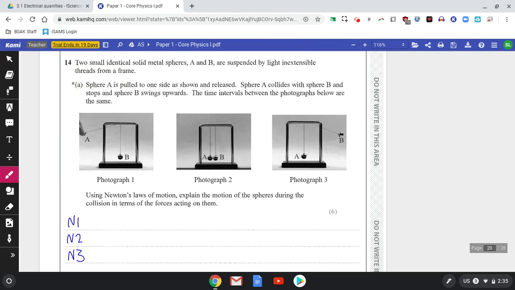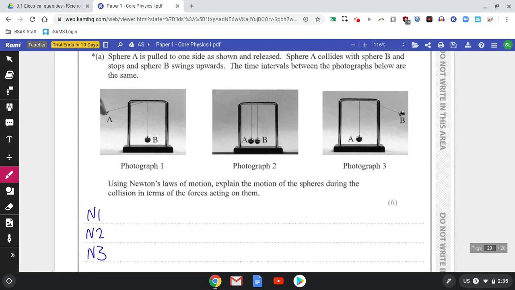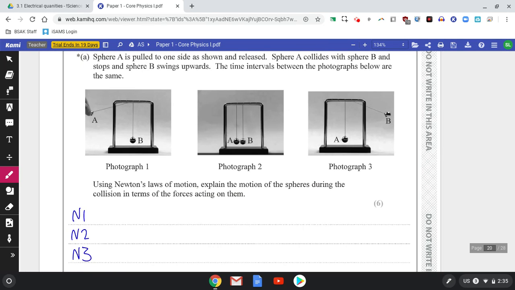Right, so let's have a look at the mark scheme, quite straightforward. Right, it talks about the collision between A and B. I certainly would have given you marks if you talked about, well, this A is going to accelerate, isn't it? Newton's second law rather is going to apply to A as it falls just after being let go.